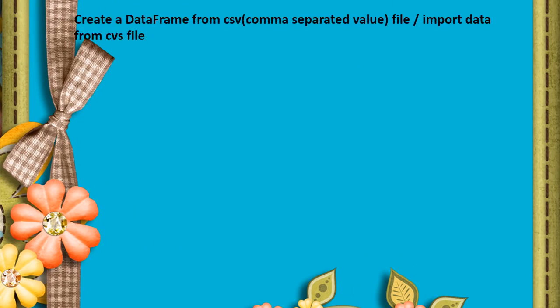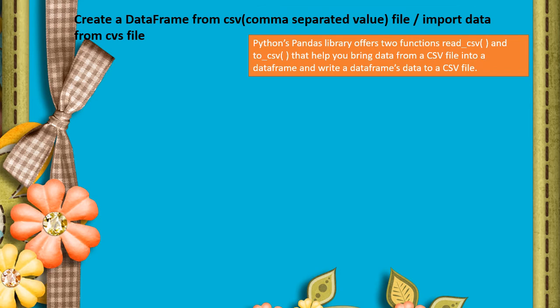And next from a CSV file also, by importing the CSV file's data, we can create the data frame. So two functions are used in Python for handling CSV files: read_csv to read the data from the CSV file, and to_csv used to export the data frame object to CSV files.